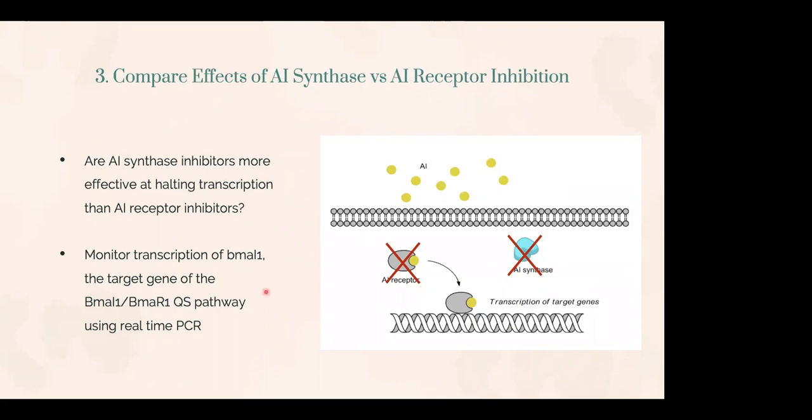The gene that BMI1, the autoinducer synthase enzyme, expresses is confusingly named bmi1 with a lowercase. So I think it would be interesting to monitor the transcription of lowercase bmi1 via real-time PCR in the presence of synthase inhibitors and receptor inhibitors and see what the difference is.